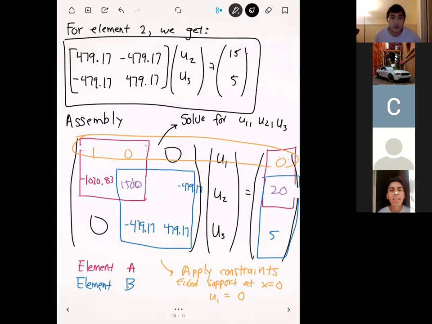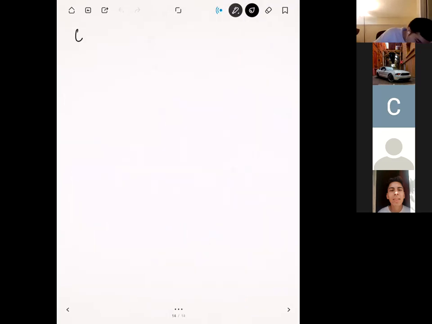All right. And so, I went through the liberty of doing this for you, or I should say I did this a year ago when I first wrote these notes. And then we end up with the following solutions. And so we have u1 is equal to 0.0, which makes sense because that's where our boundary condition is. u2 is 0.0245 meters.